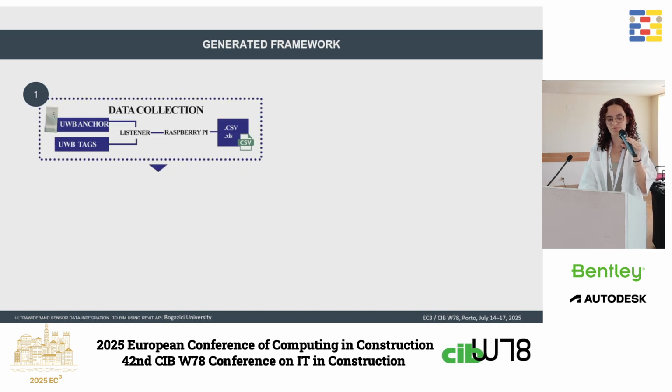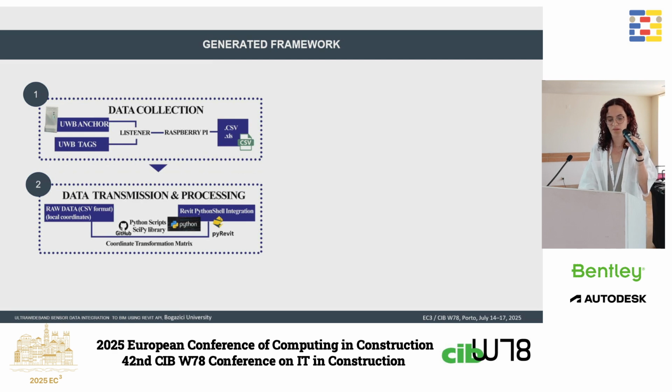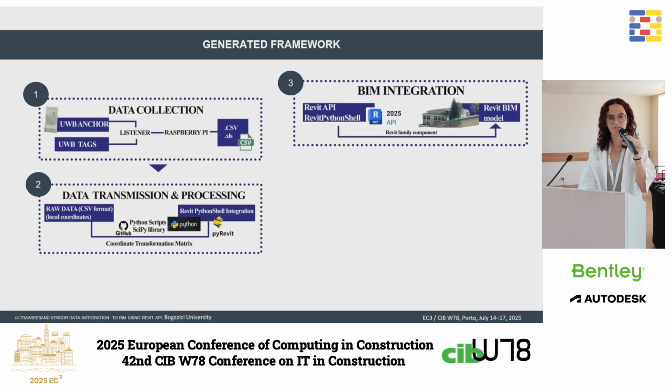Our framework has four components. The first one is data collection. We collect the data by utilizing UWB anchors and dynamic UWB tags, and we obtain the data as CSV files.